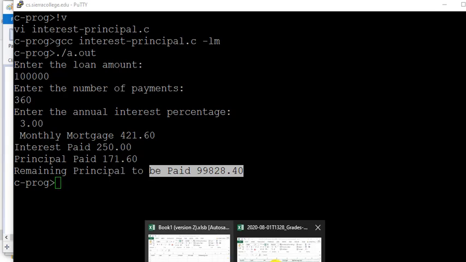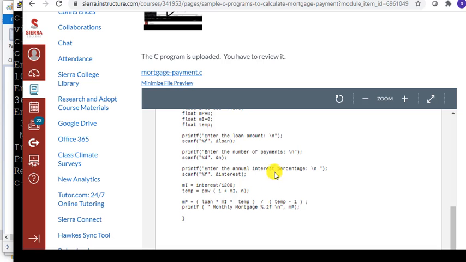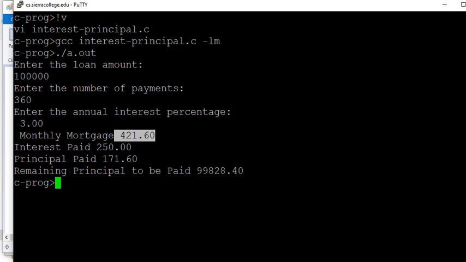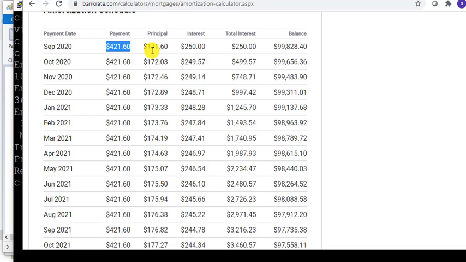So I just compared all this with a website that they have. For 100,000, the monthly payment is 421.60. The principal paid is 179.60.